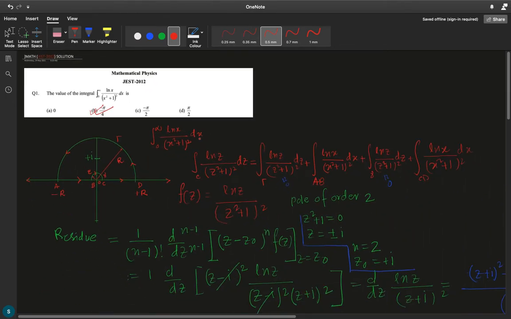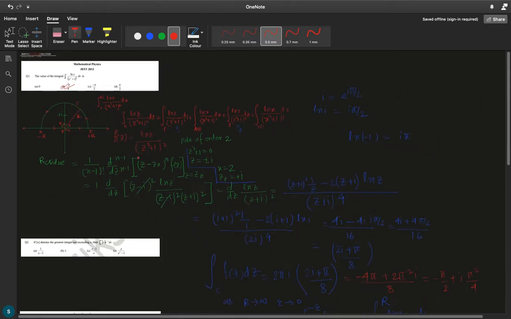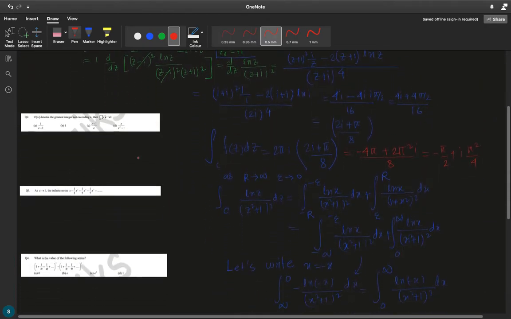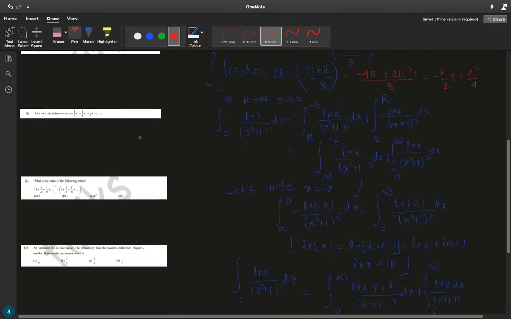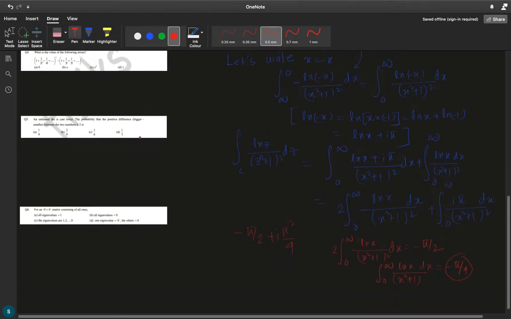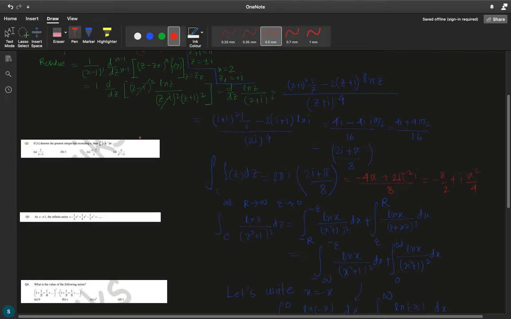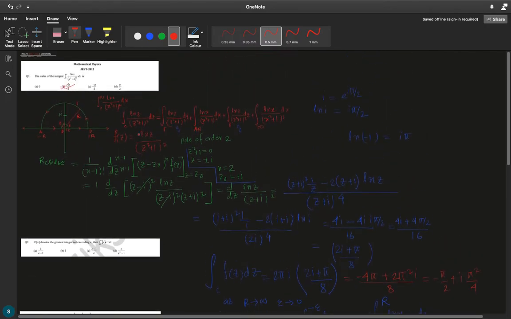Okay, so this is the calculation we have done. First we found the residue and then we found the value of the integral, and this is the answer. If you cannot understand, just pause the video and rewind every single point, then you will be able to understand.